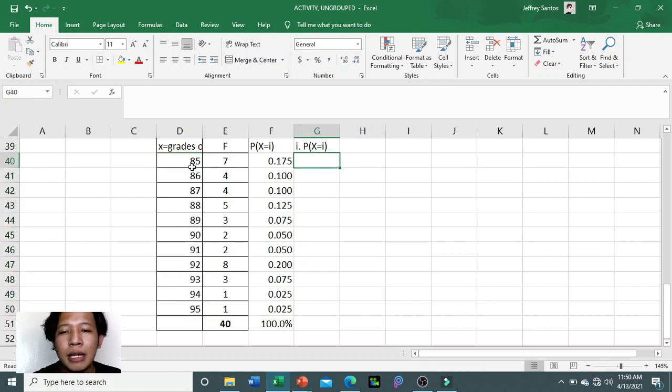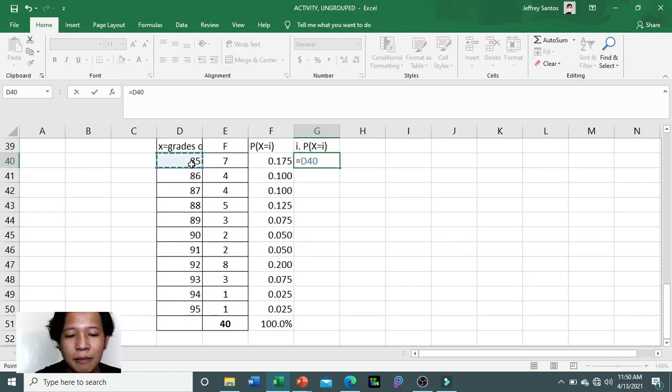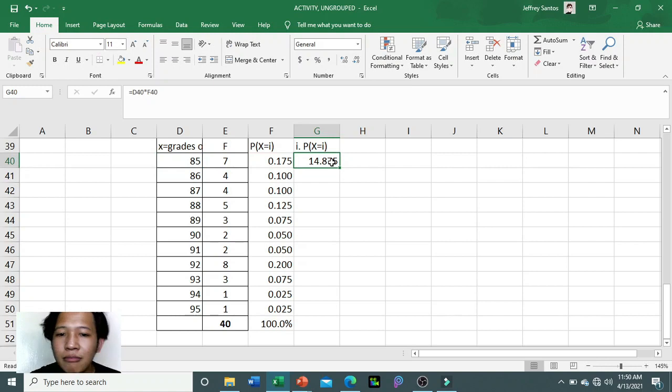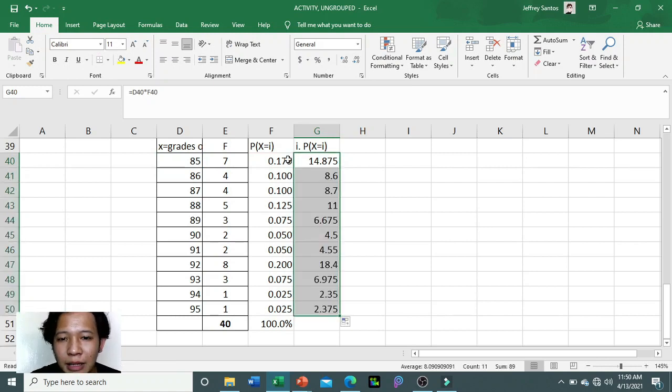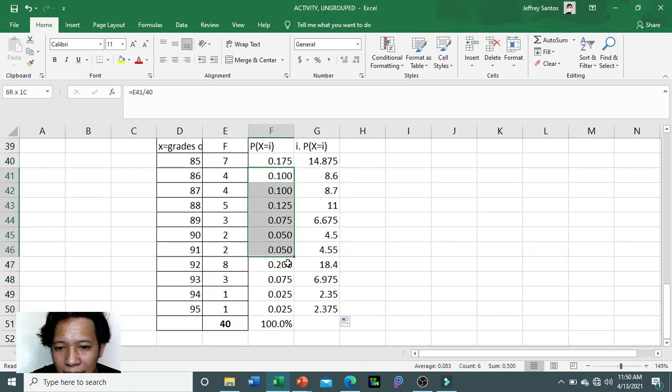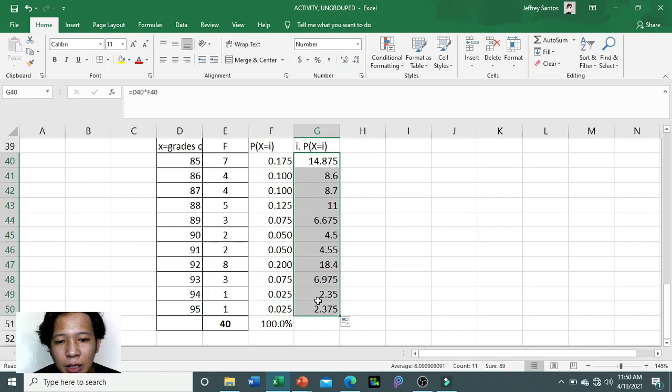So we have here 85 multiplied by its probability, which is 0.175. So we have here 14.85. Then, doing this to all the possible outcomes of our random variable, we have the following.